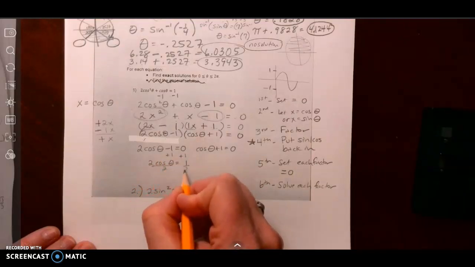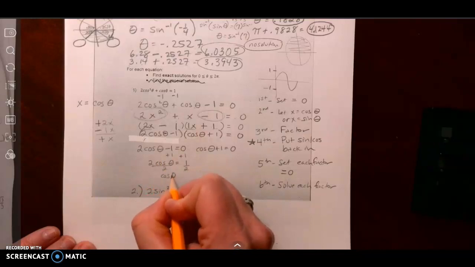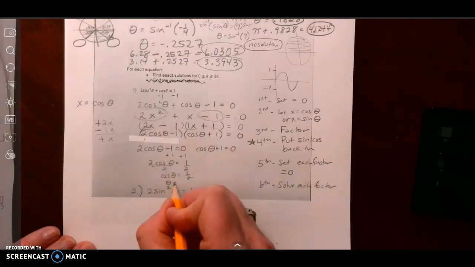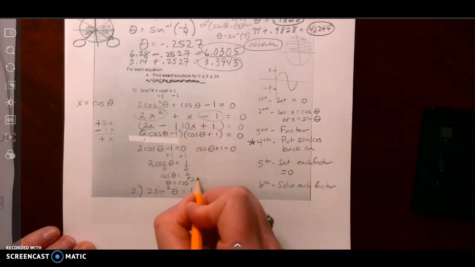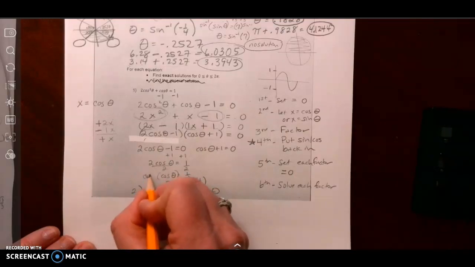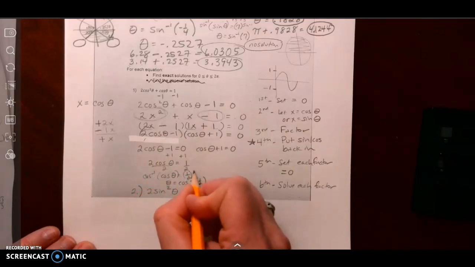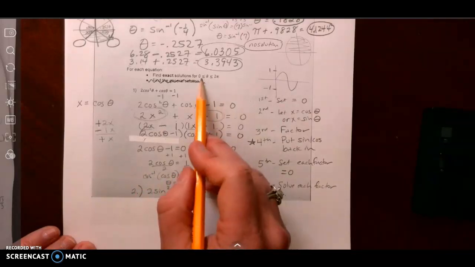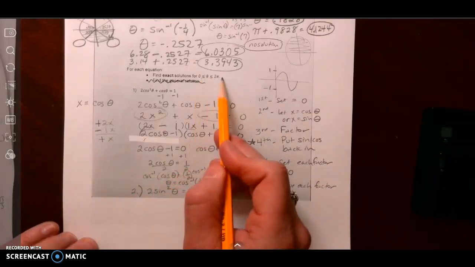Divide both by 2, and I get cosine of theta is 1/2. So theta is the inverse cosine of a half. But remember, I took the inverse here. I did this. So it's everything on the unit circle, like it says up here, 0 to 2 pi.